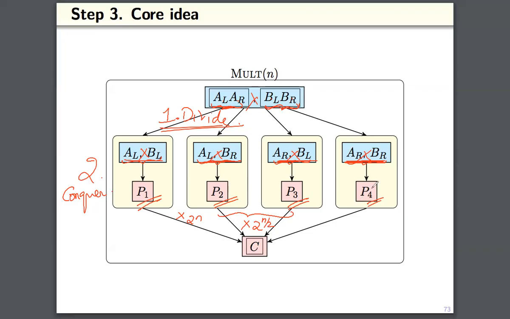And you don't multiply anything with this, and then add all these sums. You get the final product of A and B. This will constitute your combine step. Divide step, conquer step, combine step. This is our divide and conquer algorithm for integer multiplication. So any questions here?